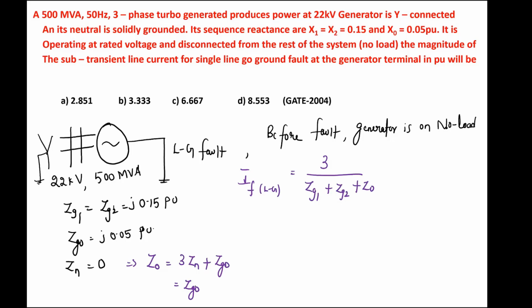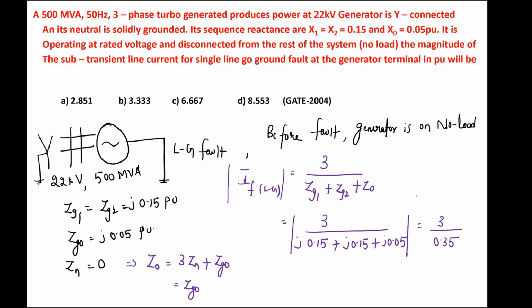Substituting, you get 3 divided by J0.15, J0.15, and J0.05. Since we only want the magnitude, we can ignore the J's. So you get 3 divided by 0.35. This is the per unit fault current.